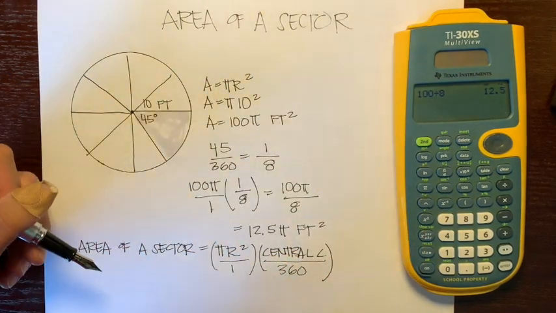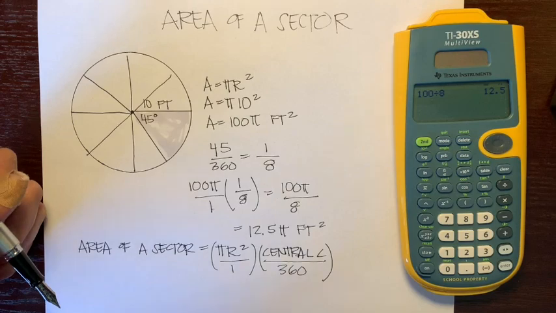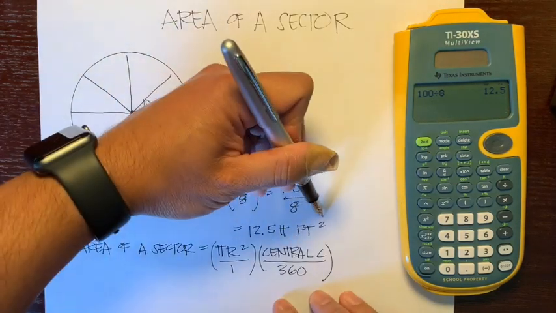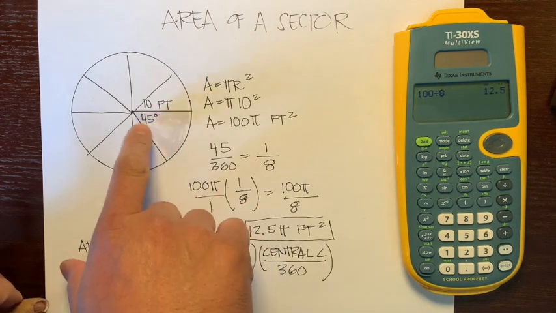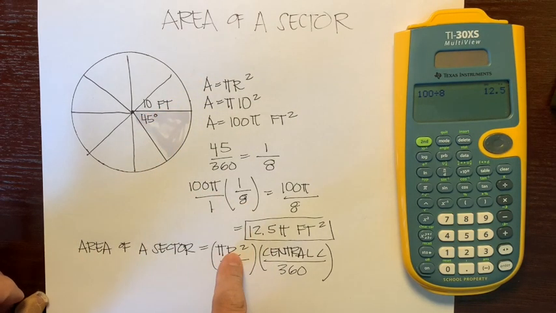Then you just multiply it across. And that is all. Here's your final answer, and this will work on all of them. So get the radius, get the central angle, find the area of the entire circle, get the central angle over 360, and just multiply across.